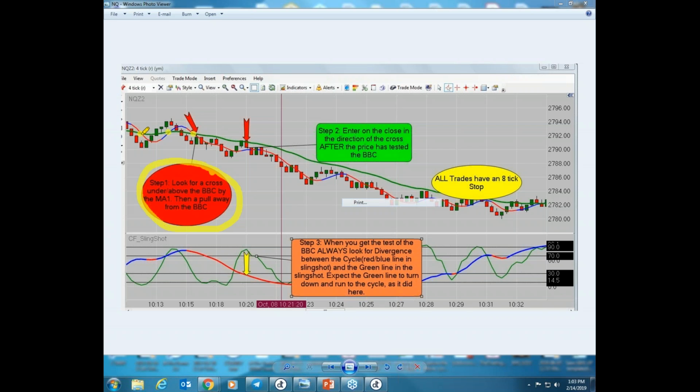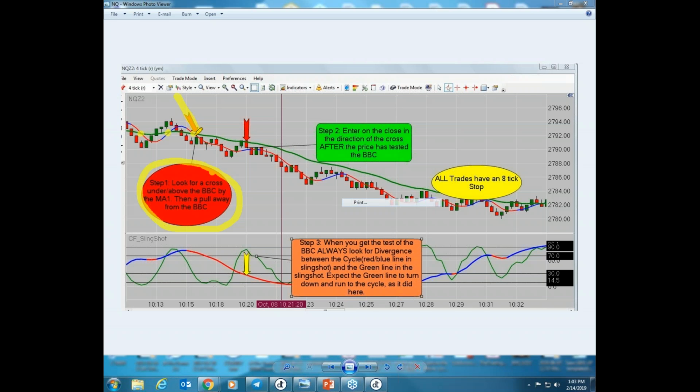If the MA1 is red, you're looking for shorting opportunities. If the MA1 is blue, you're looking for buying opportunities. The one that's highlighted here is a bearish cross. Why? Because that MA1 is red.